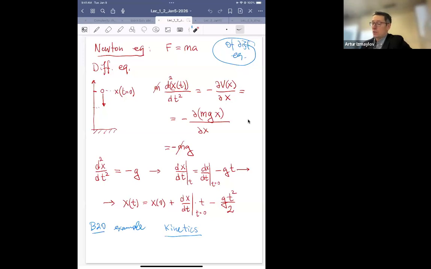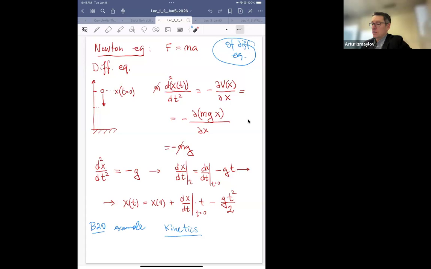The way we present the problem, x is not only the coordinate of the particle, but also the height. And then the potential will be mg times the height, x. The force is the derivative of the potential energy with respect to the position, x.